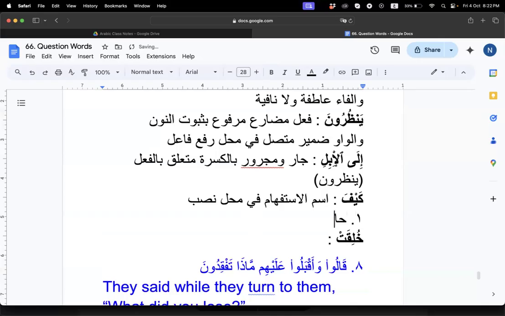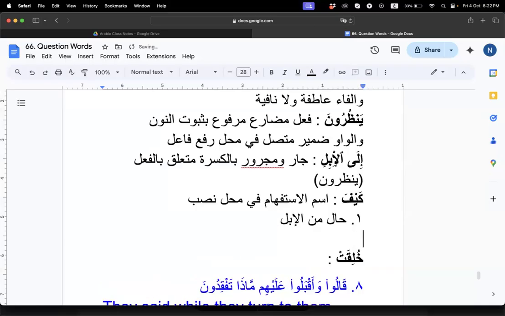Either it is hal of Ibil, hal of the ta inside here, which is going back to ibil. So I'm going to put ibil first, and then number 2, maf'ul mutlaq, to the fi'il, created.